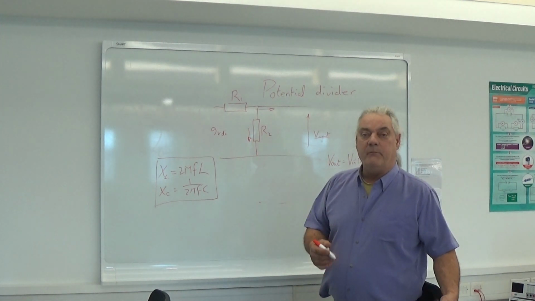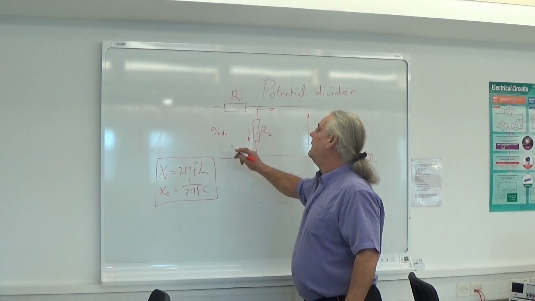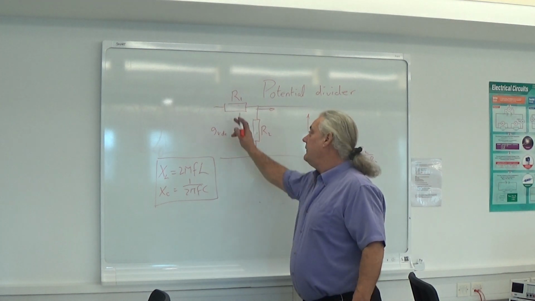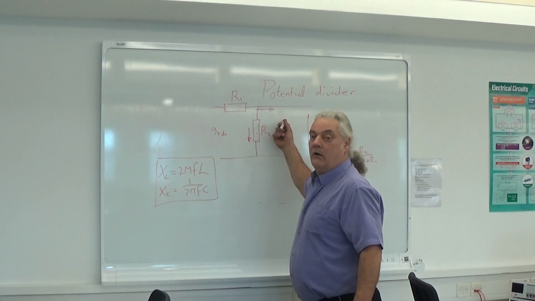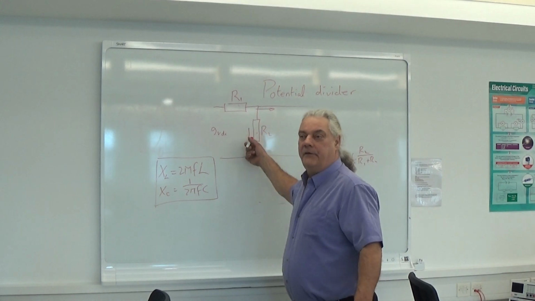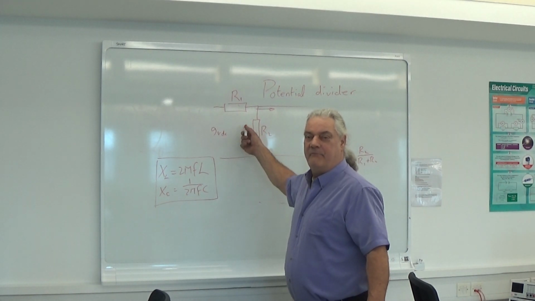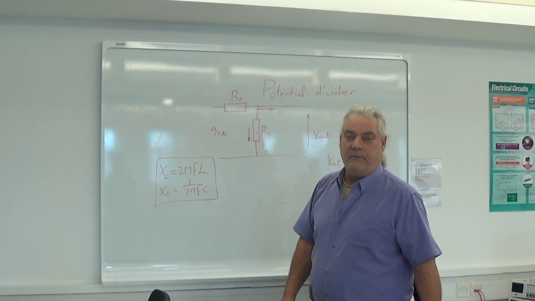So I can split the potential. Drop some of the voltage across here, drop some of the voltage across here, not that I usually want to drop it across here. I can control what the output voltage is according to the ratio of the two resistors I've got, right? A potential divider. Very, very powerful tool.